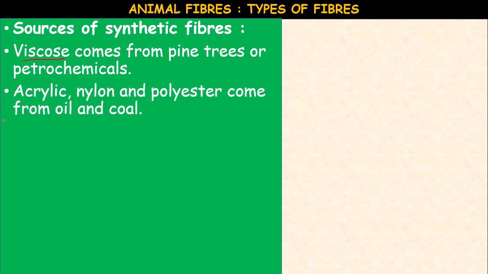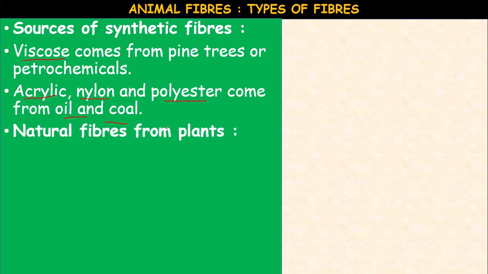Another one, acrylic, nylon, polyester. They come from oil and coal. So these are the sources of synthetic fibers. Viscose come from pine trees, natural material, or from petrochemicals. Next, acrylic, nylon and polyester, they come from oil and coal.